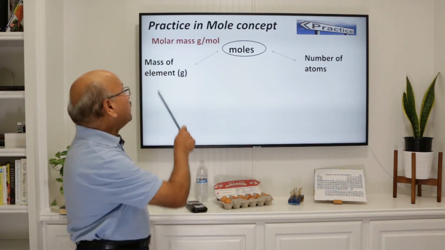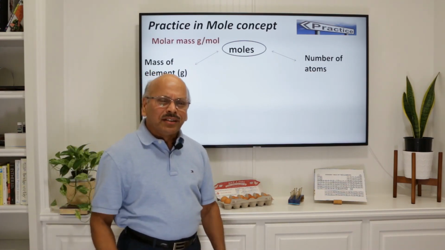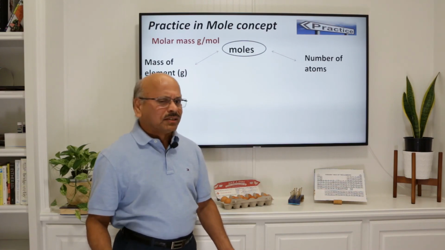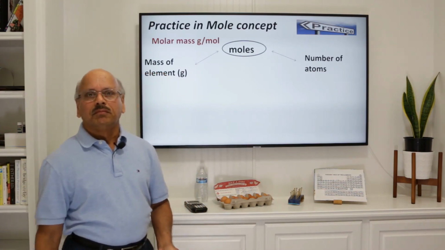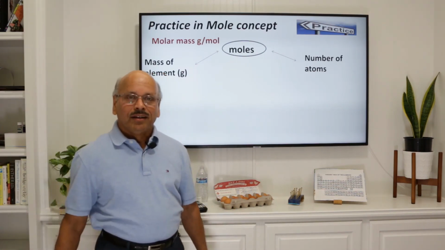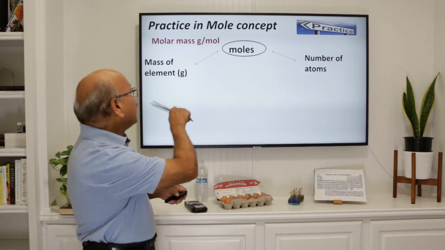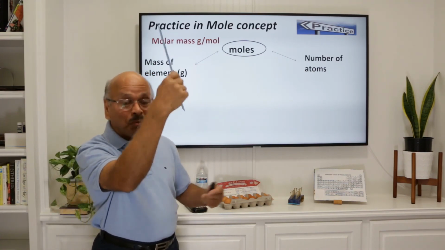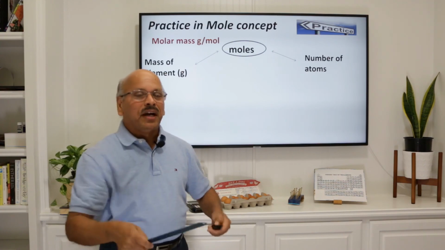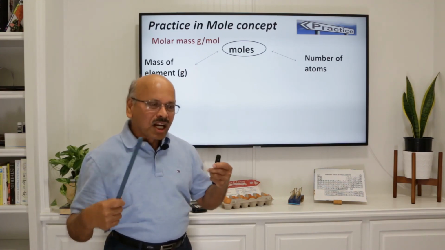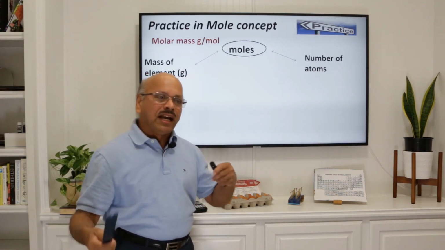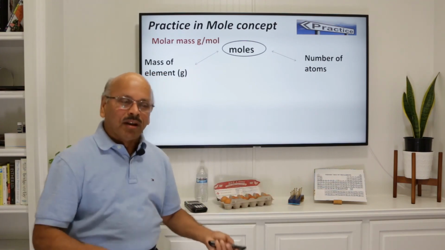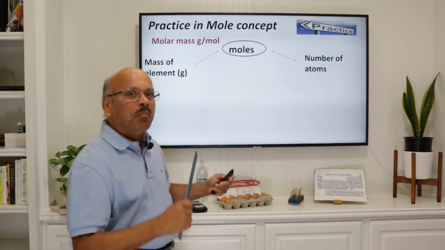Okay, so usually I tell the students, just remember it, because sometimes when you come to an exam, you may forget how to connect the grams of the substance with the moles of the substance. So I just tell the students, just remember it by rhyming: mole and mass, molar mass, mass and molar mass.